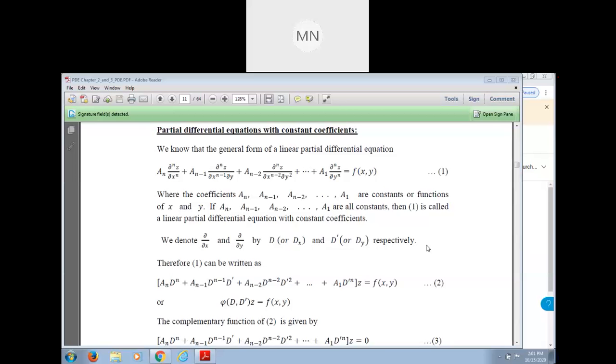Derivative of z. So p is what? In the second order equation, I have already given it. Capital P or small p, ma'am?